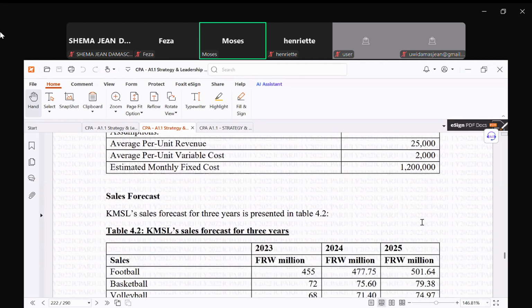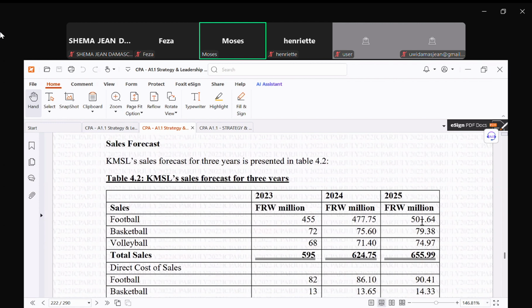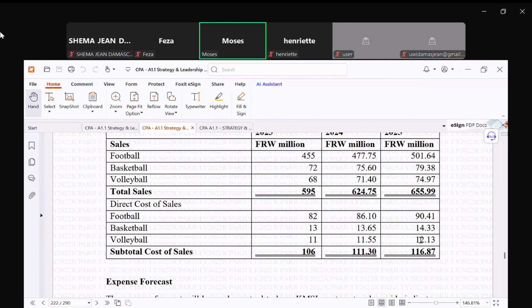And then, in addition to that, you had to calculate sales forecast. You were given numbers for 2023, so you were supposed to calculate the figures for 2024 and 2025. There were percentages that were given in the case study.